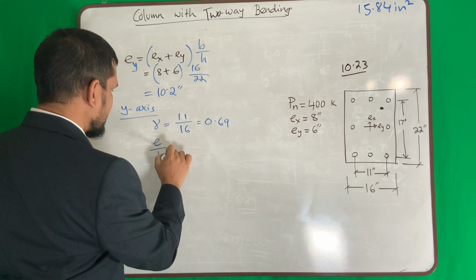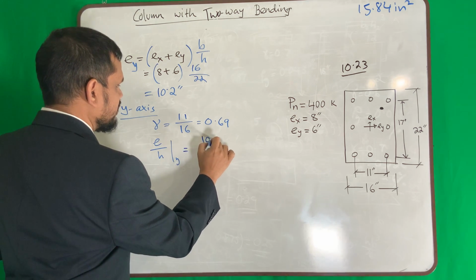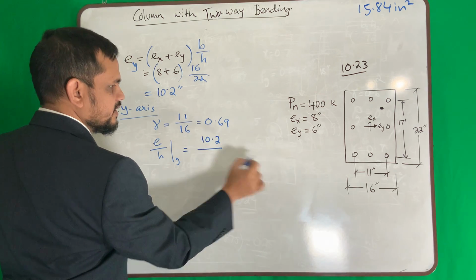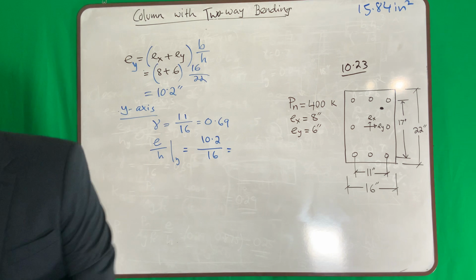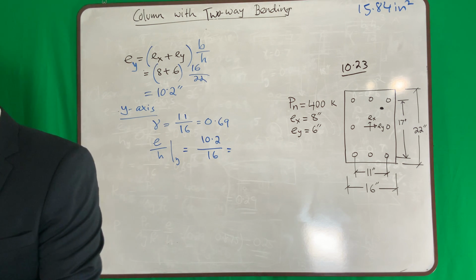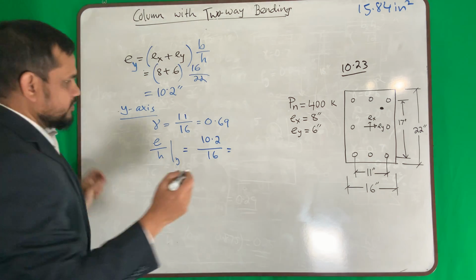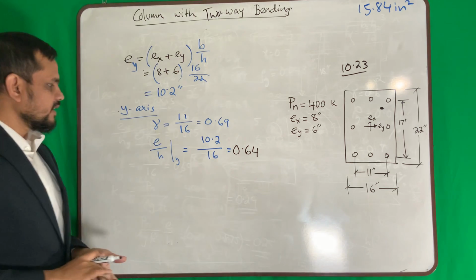Again, this portion is about the y-axis. So e is 10.2, s means 16. Okay, use a black color. So this will be roughly 0.64.